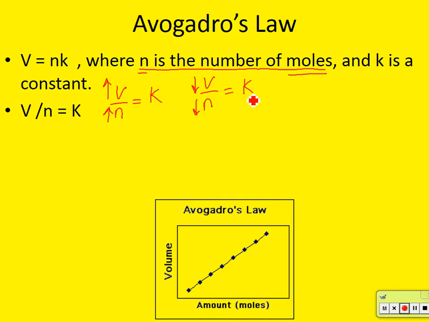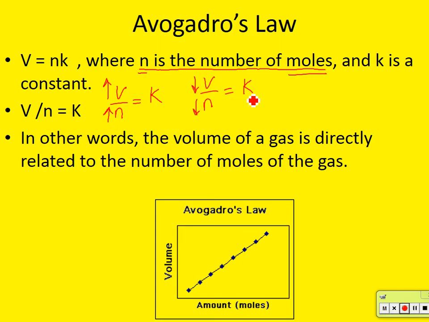Would have to go down in order for it to be a constant. And so there's our relationship there. In other words, the volume of a gas is directly related to the number of moles of a gas. So volume is directly related to the number of moles.